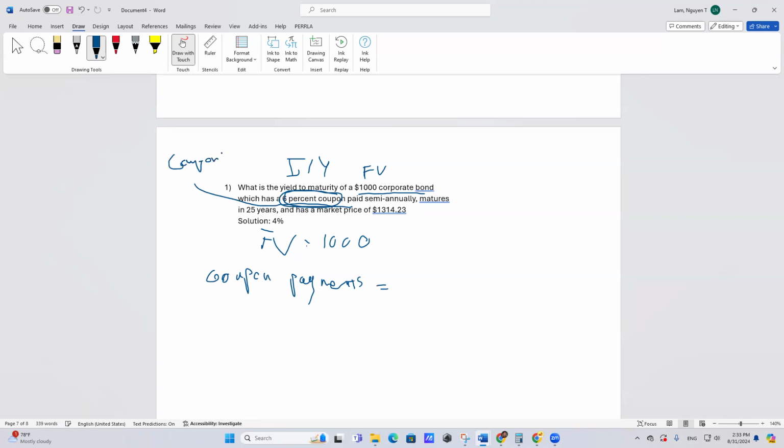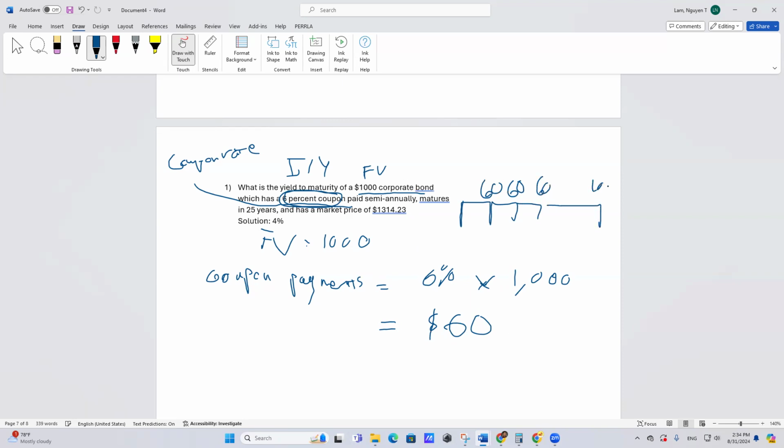You take 6% multiplied by 1,000, which is the face value of the bond. And what is it? 60, right? $60, which means every period they're going to pay you $60, and then at the end they're going to pay you 1,000, and the $60 at the end.